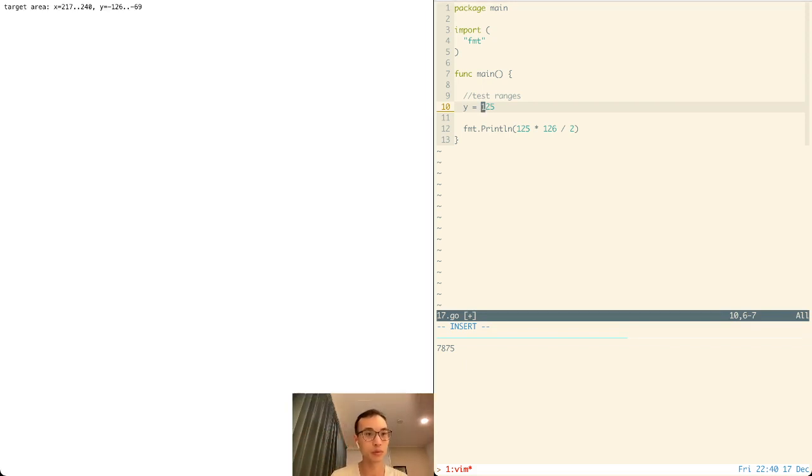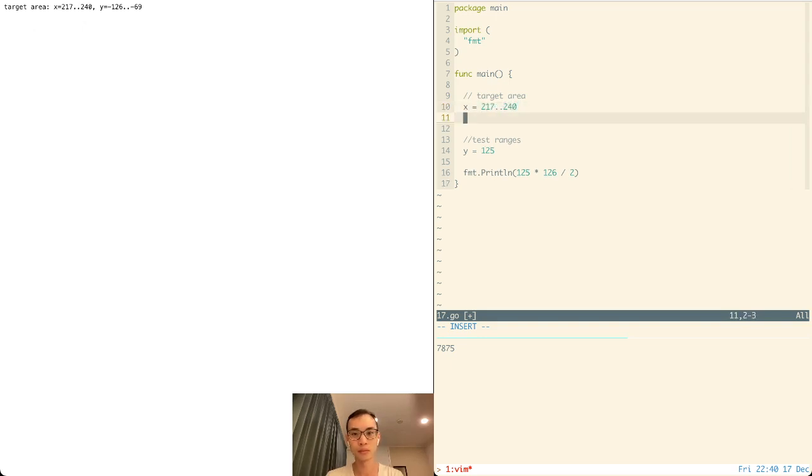What were my values here? Let me just get these in as well. Target area. Okay, my test ranges. So we know that this is the highest you can shoot. And I guess you could just blast it straight to the target area in one shot, right? So the lowest is minus 126.